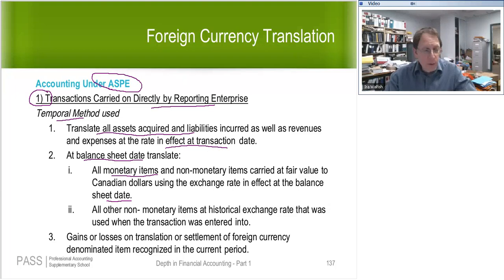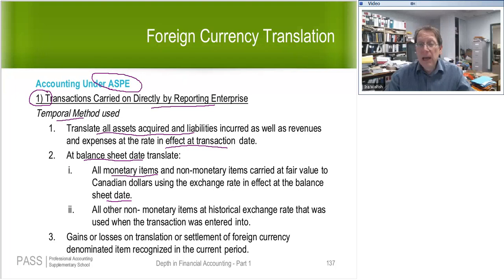Okay, good. A bunch of you are saying receivables. So people, look. Please do not think monetary means only cash. It does mean cash, but it means anything that is fixed in the amount.